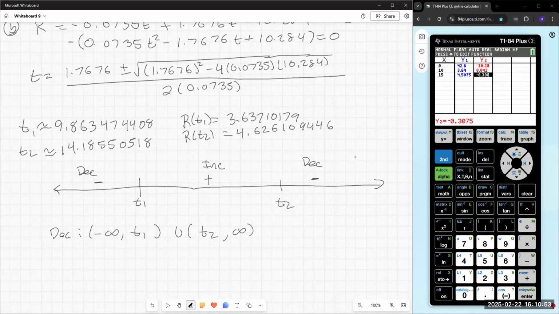And it's increasing between T1 and T2. Again, you can use your decimal approximations for those.